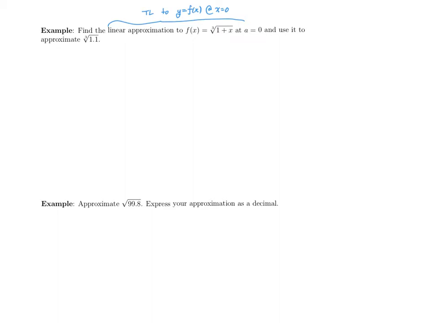And let me give you just a little bit of intuition to the side here. If we are starting with the function, the cube root of 1 plus x, and we want to know a little bit about the cube root of 1.1. Note 1.1 would correspond to substituting 0.1 into our function.